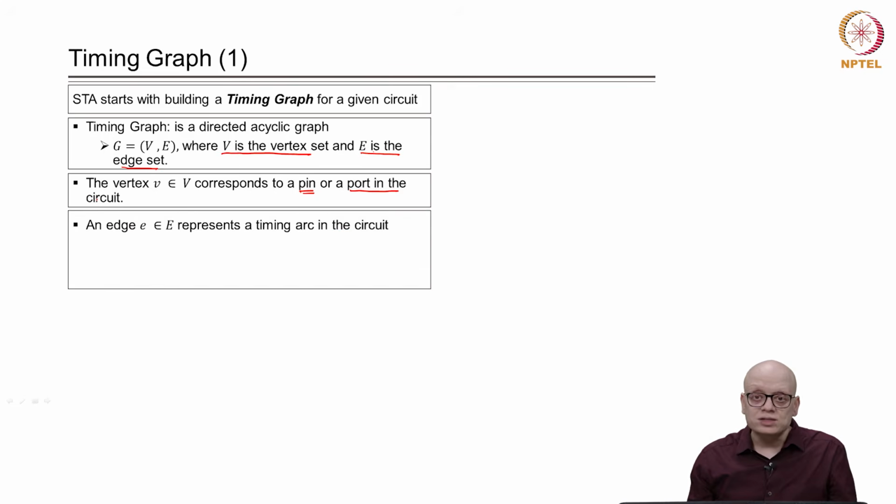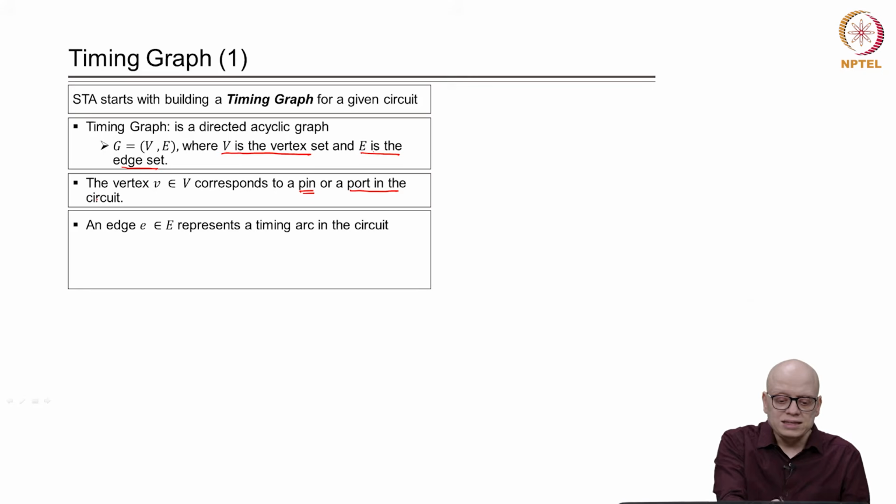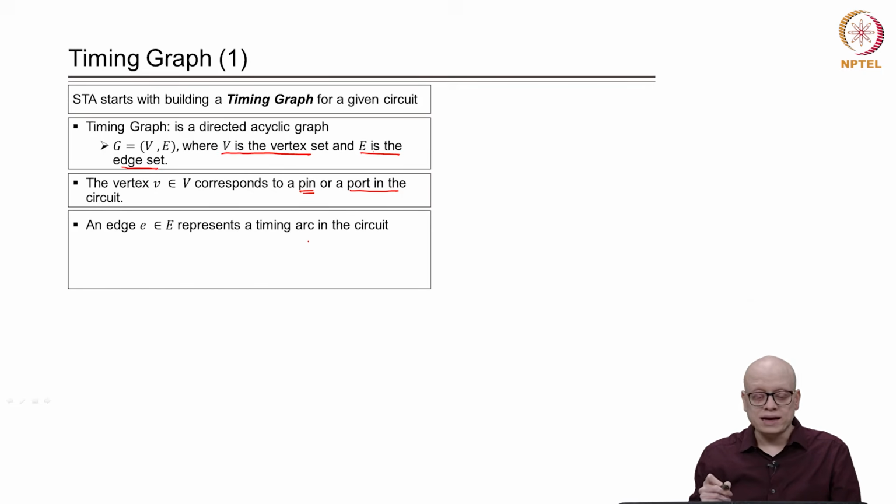And what are the edges of the timing graph? An edge E represents a timing arc in the circuit. It refers to the timing arcs in our circuit.